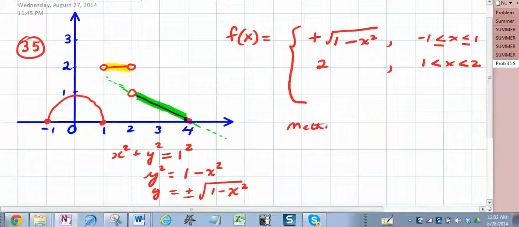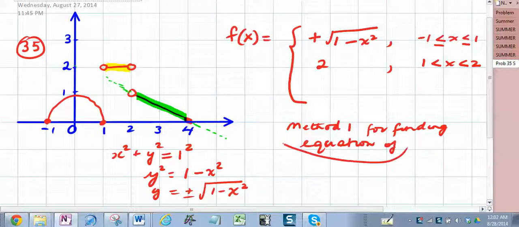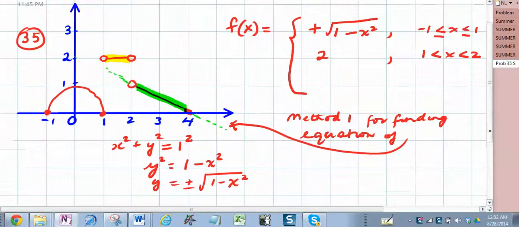One method for finding the equation of this line. All right, method 1.